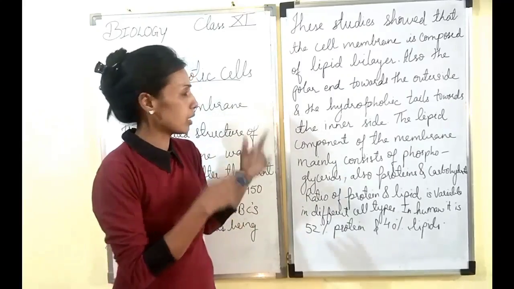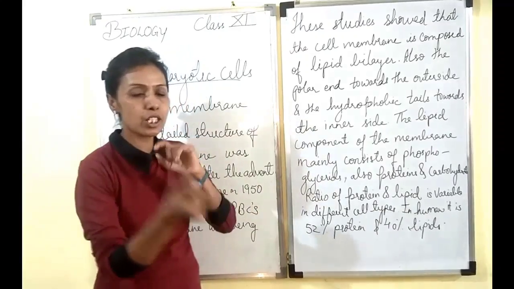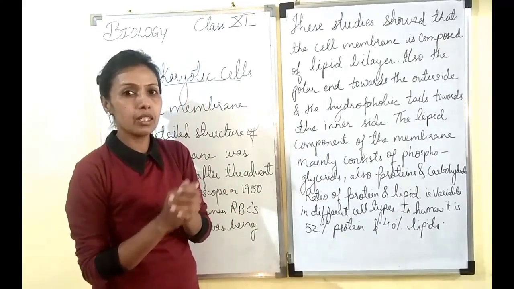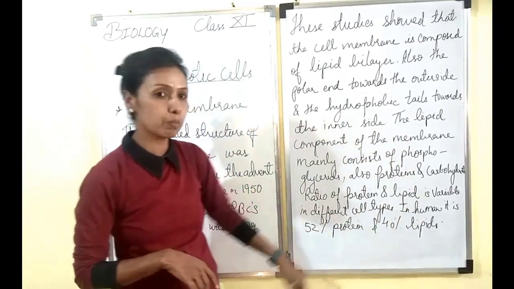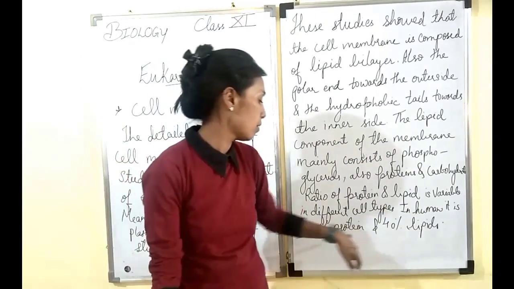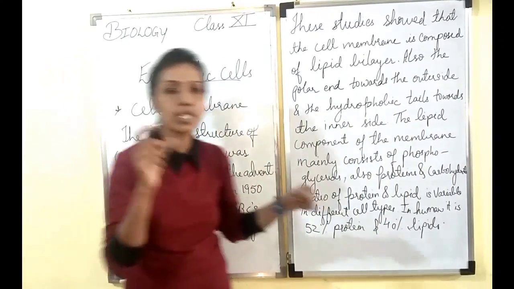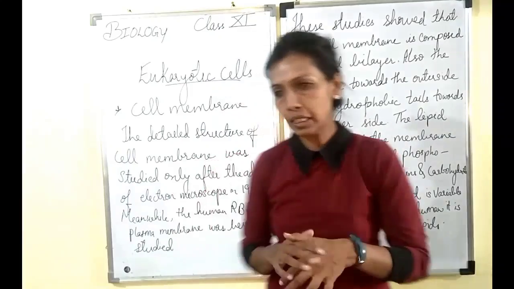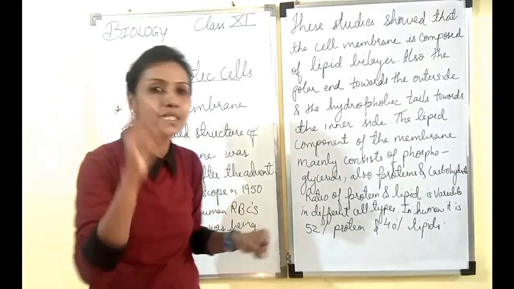In human beings, the composition is 52% protein and 40% lipids. Then we also discussed the cell wall, in plant cells and certain algal cells, its composition and function.